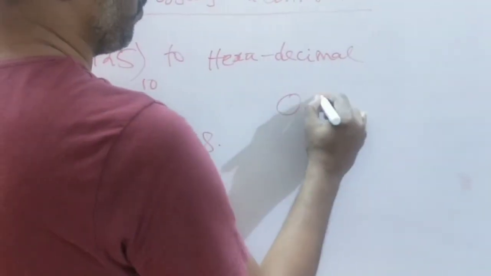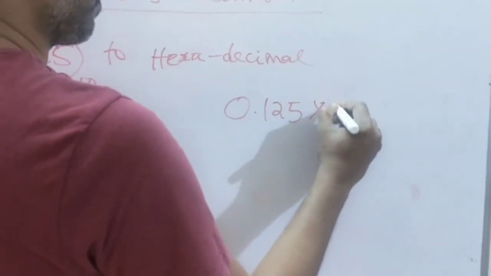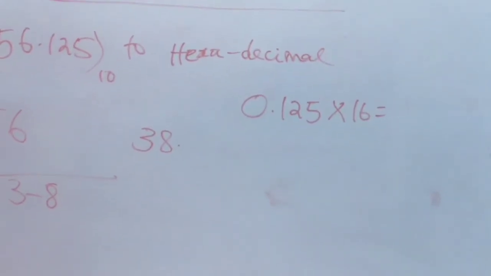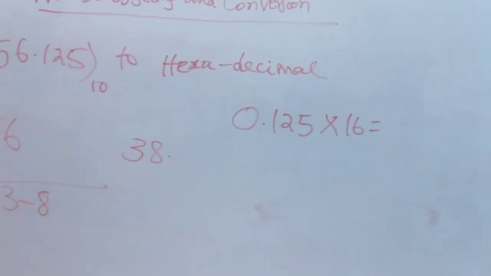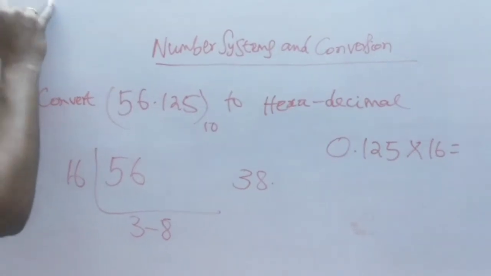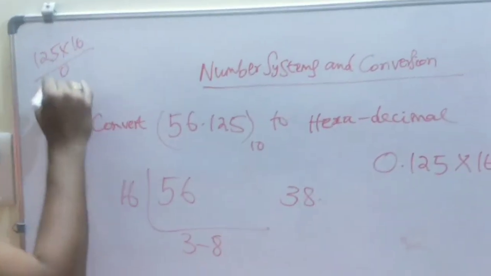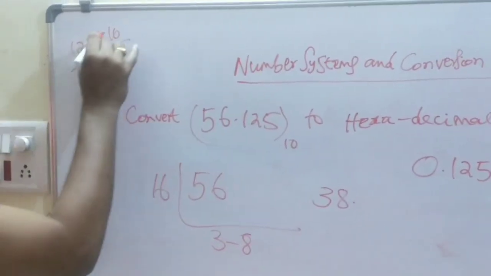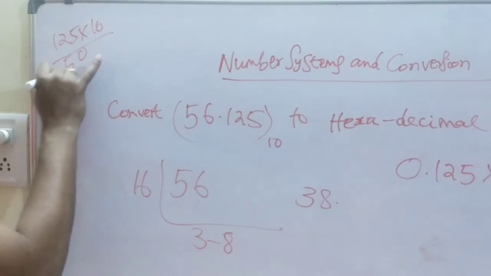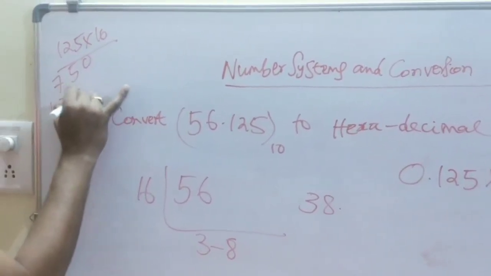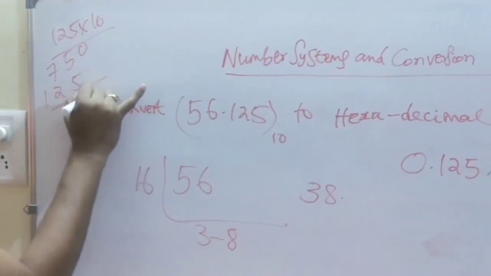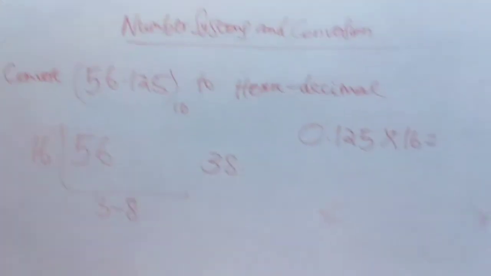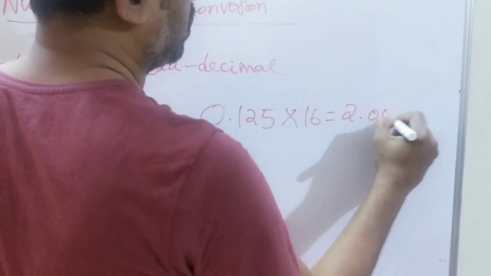What about 0.125 into 16? I think it is going to be 2.000. Multiply 0.125 into 16: 5 6s are 30, 2 6s are 12, 1 6 is 6 and so on, and this becomes 2.000.